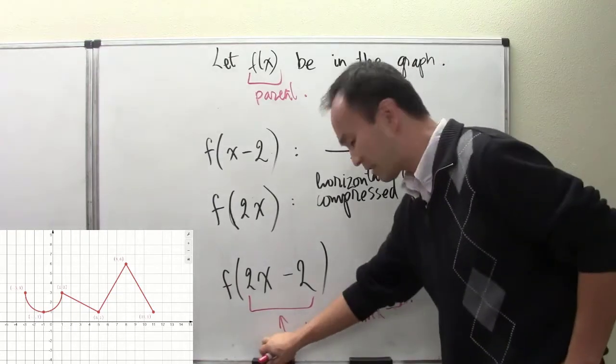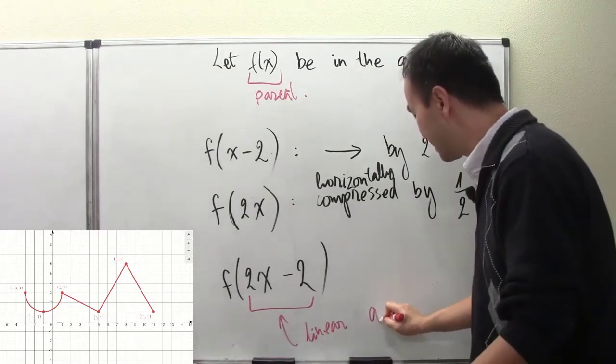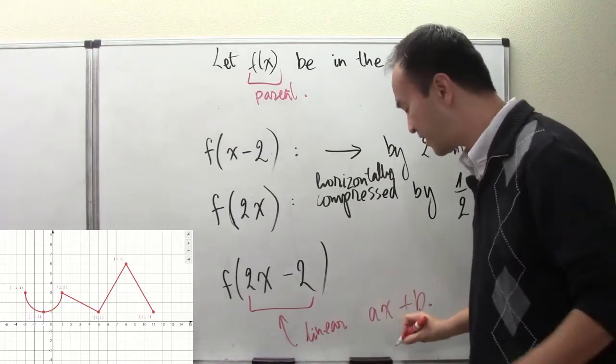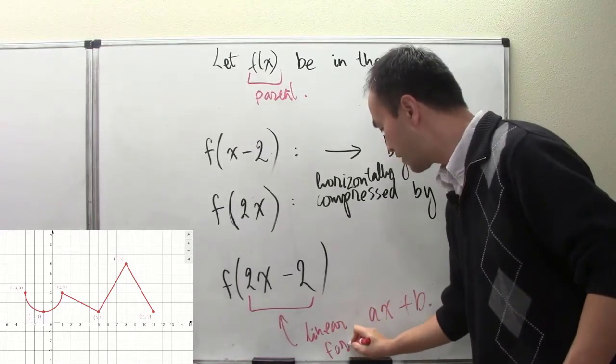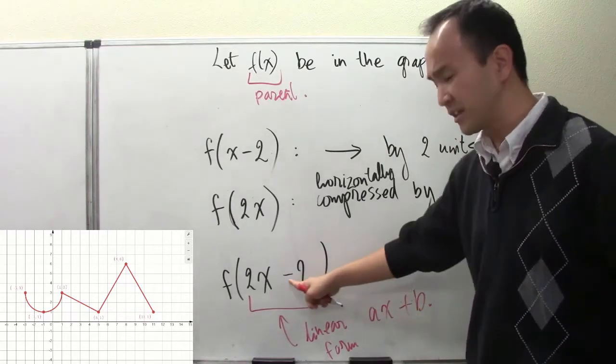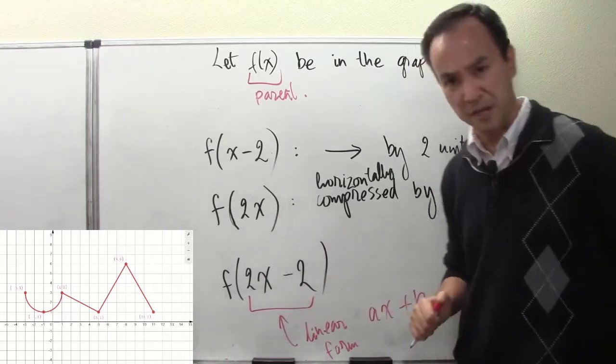Or I can just write it as a linear ax plus b form, or you can just say it's a linear form, without worrying about ax plus b, because it's a little counterintuitive in a sense that here it's a minus, but generally a linear form is an ax plus b.